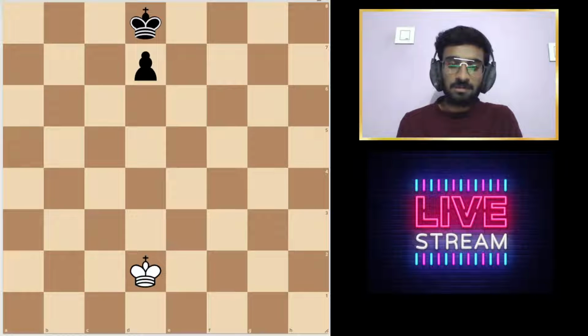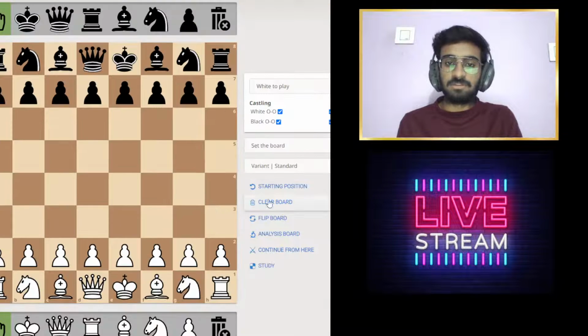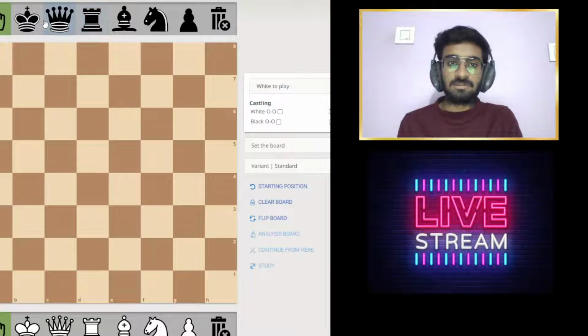I have to just do this as black to move, because if it's white to move, it will become easy. King here, pawn here, king here, and it's black to play. Or I can just do this. King is here, white to play.